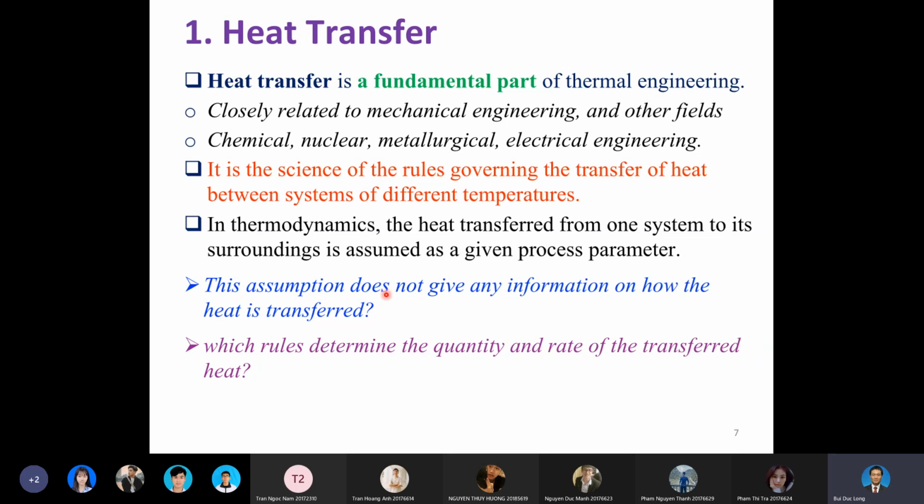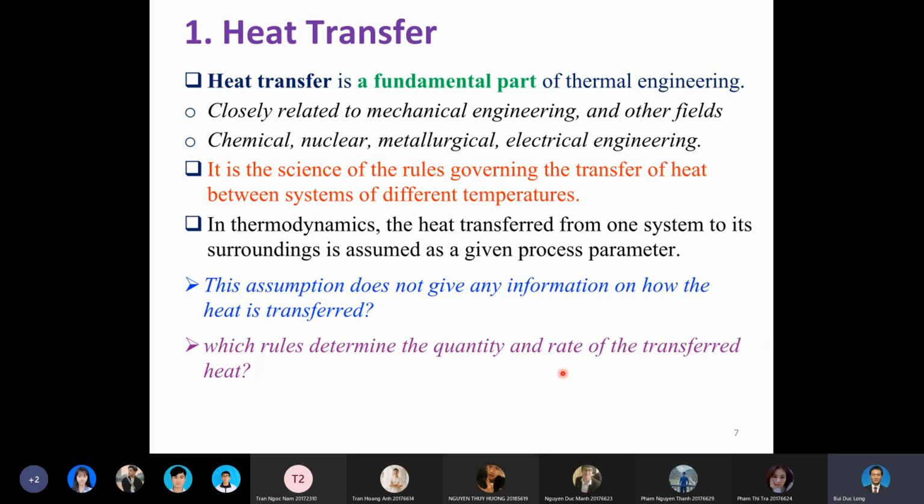The rules of heat transfer determine the quantity and rate of the heat transferred.